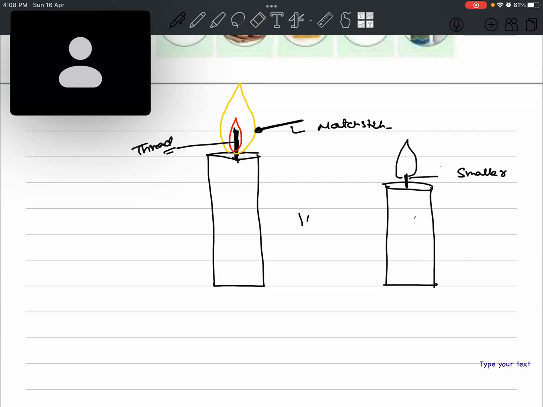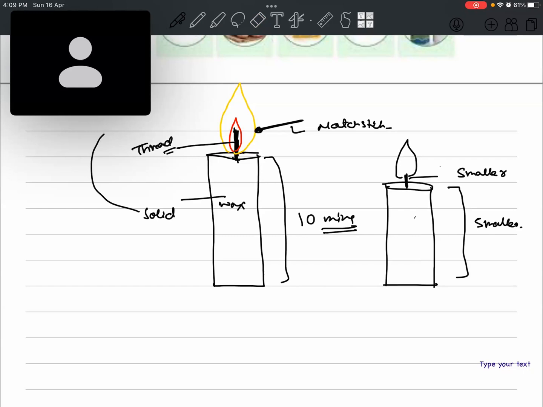Let's say we kept it burning for 10 minutes. After some time, the length of the candle as well as the length of the thread, both of them have become smaller. Okay, now what happened here? This wax, which is in solid form, started to convert into vapor state.